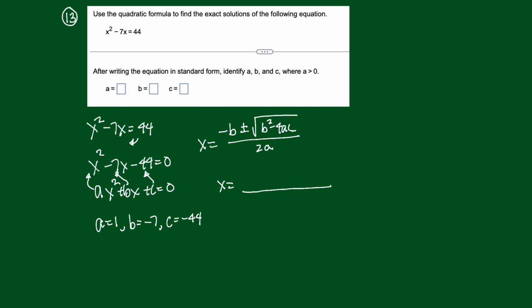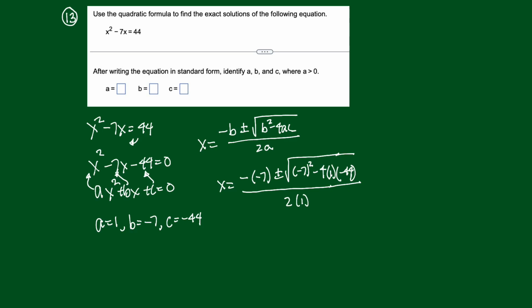Now this says the opposite of b. What is b? b is negative 7. Now I'm going to fill everything in. So I'll get the opposite of b, negative 7, plus or minus the square root of b squared, that's going to be negative 7 squared, minus 4 times a, which is 1, times c, which is negative 44, all over 2 times a, which is 1.